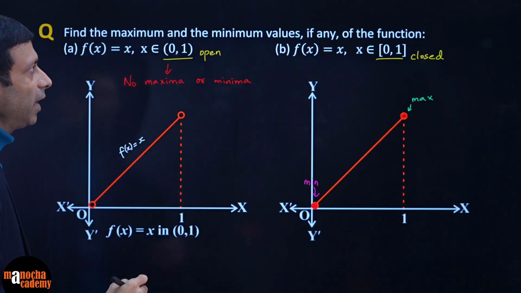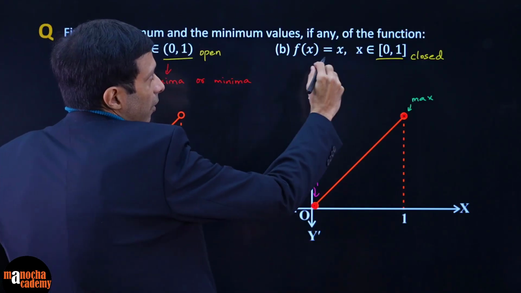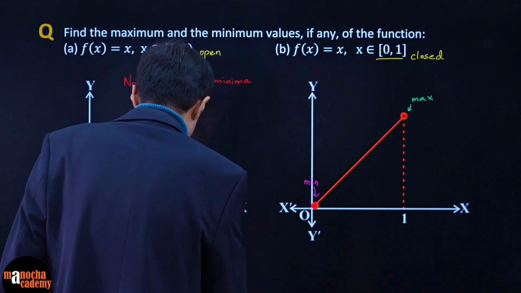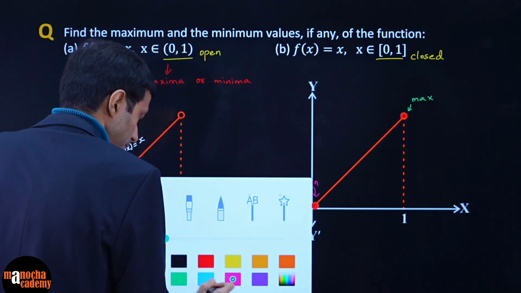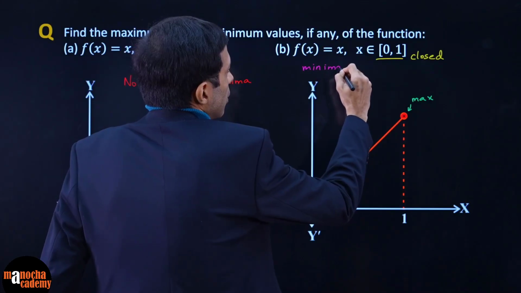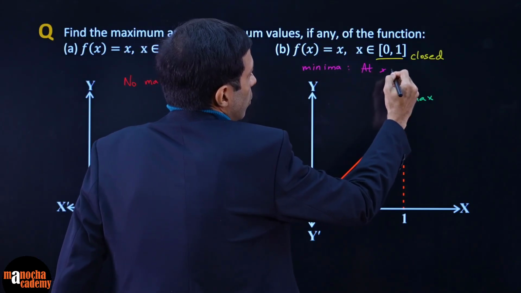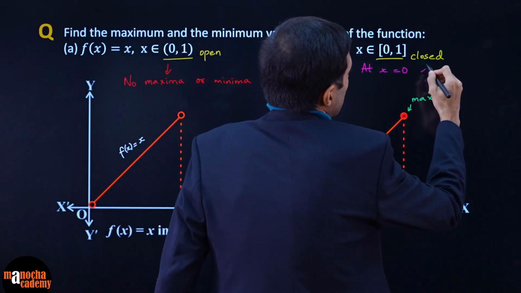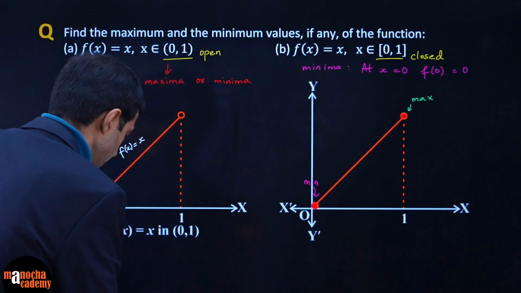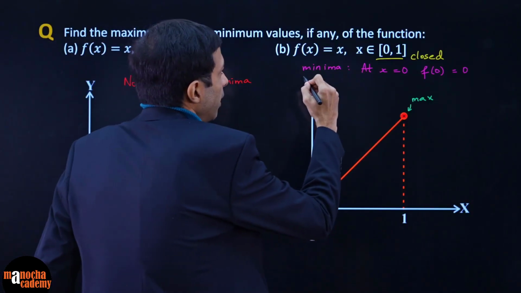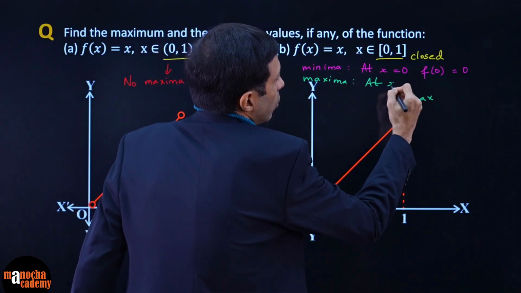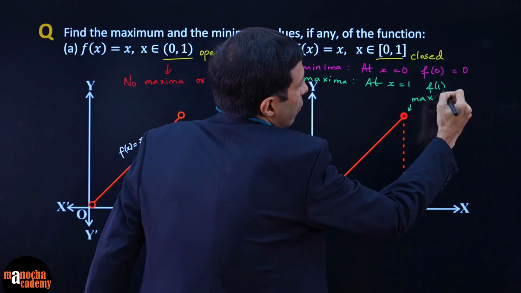So when it is a closed interval, the minima is at x equal to 0 and f(0) is 0. That's the answer. Similarly, maxima is clearly defined. So maxima is at x equal to 1 and f(1) is 1.